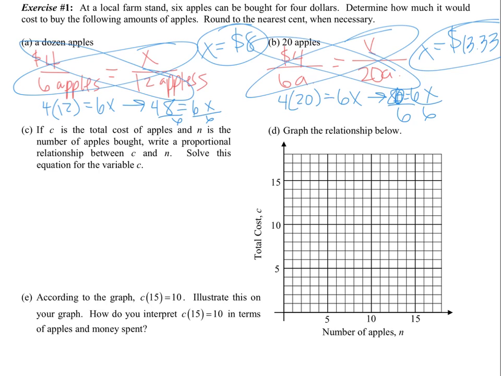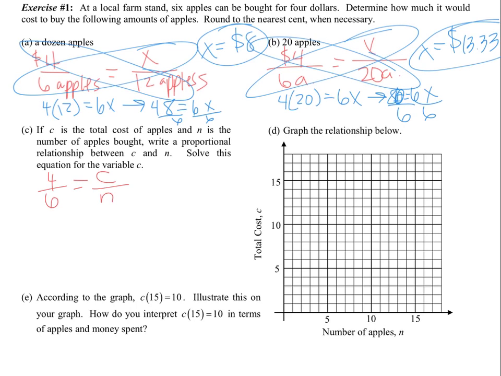Now if C is the total cost of apples and N is the number of apples bought, write a proportional relationship between C and N. Solve this for the variable C. So we know that it's $4 for every 6 apples, and this equals the cost over the number of apples. But it says to solve for the variable C, so you want it to be C equals.